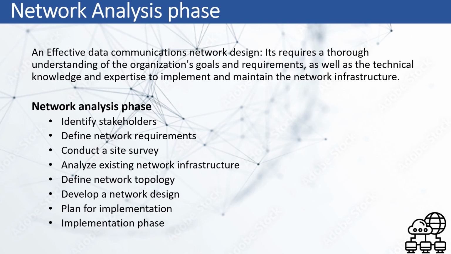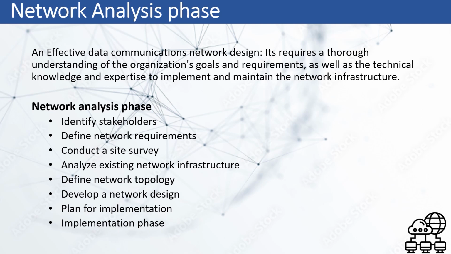Second, define network requirements. Once the stakeholders have been identified, the next step is to define the organization's requirements for the network. This includes understanding the types of devices and applications that will be used on the network, the number of users, and the locations of users.